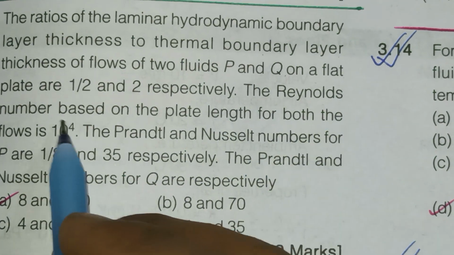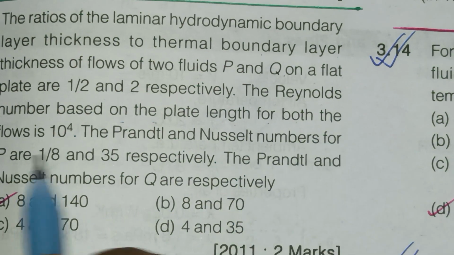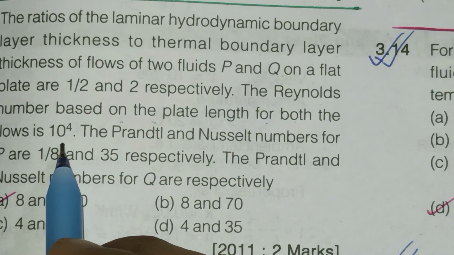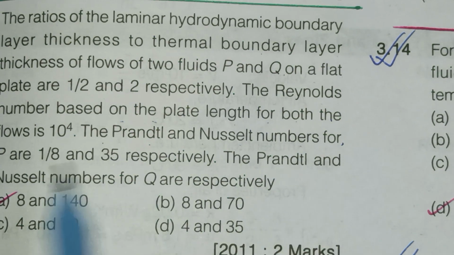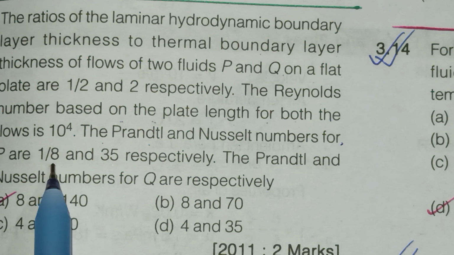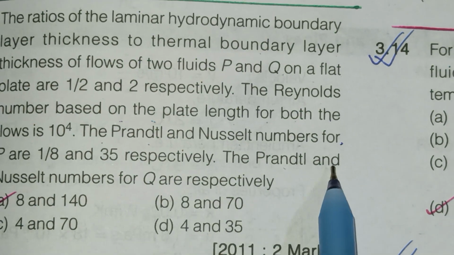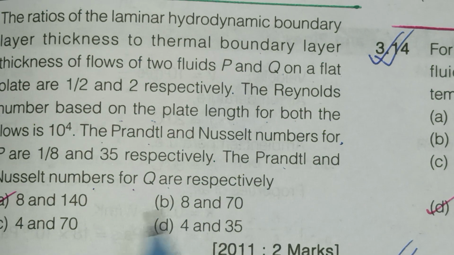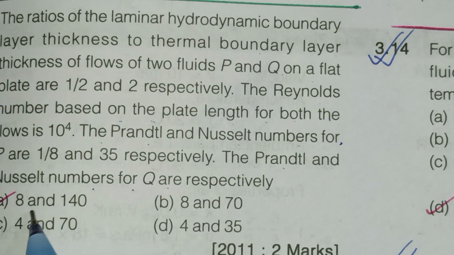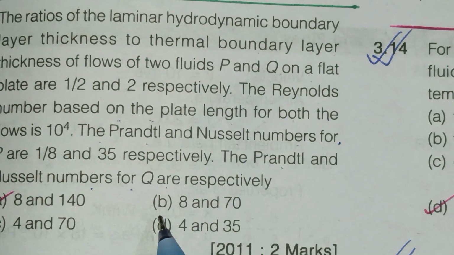The Reynolds number based on the plate length for both the flows is 10 to the power 4. The Prandtl and Nusselt number for P are 1 by 8 and 35 respectively. The Prandtl and Nusselt number for Q are respectively what? Four options are given, option A, B, C and D. So what is the correct answer?